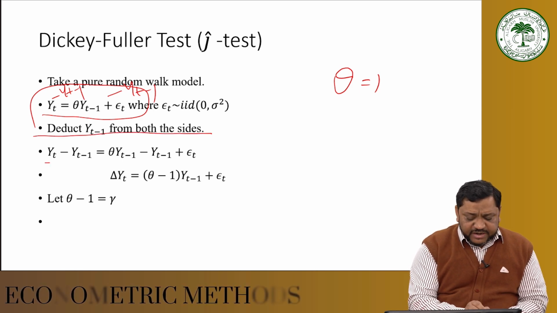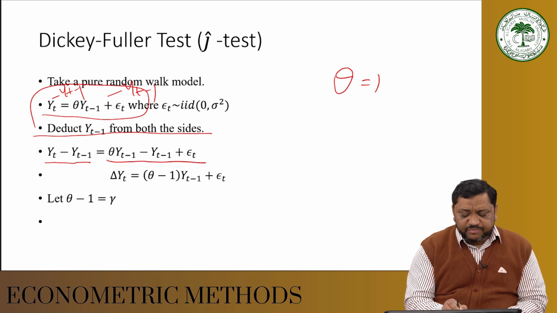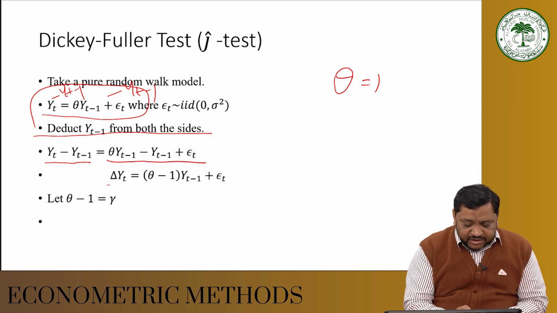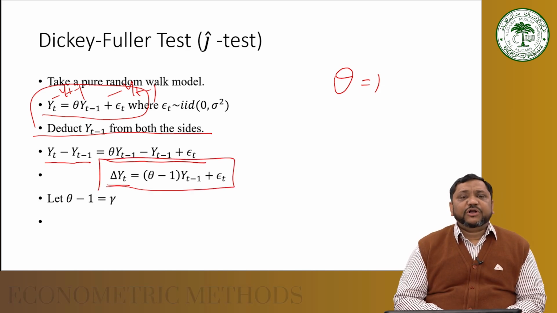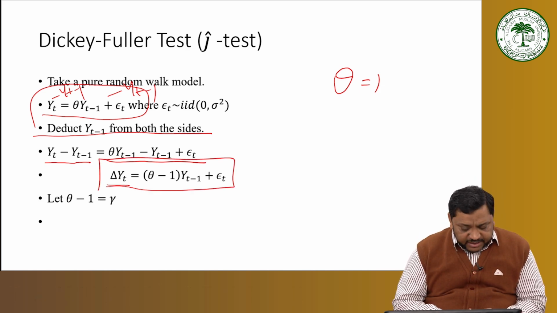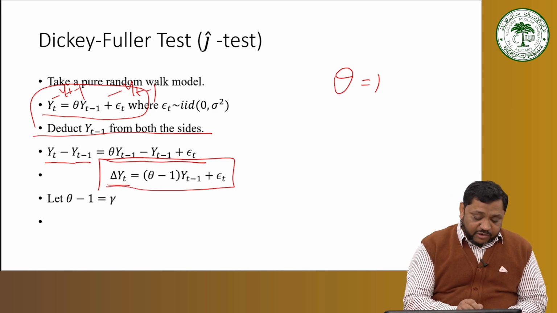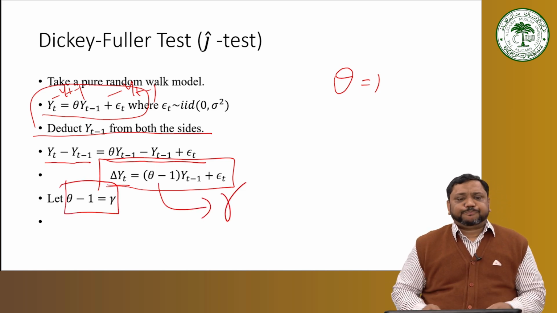So we get yt minus yt minus 1 is equal to theta yt minus 1 minus yt minus 1 plus epsilon t. So now we can write it as yt minus yt minus 1 is equal to theta minus 1, taken in the bracket, common to yt minus 1, plus epsilon t. Now we assume that this theta minus 1 is my gamma.